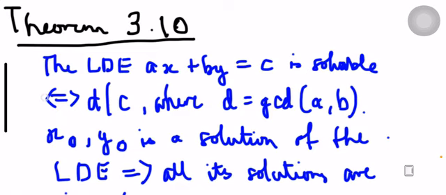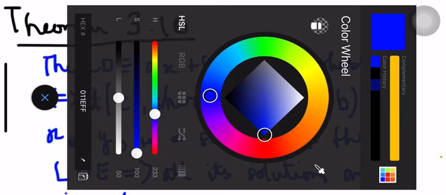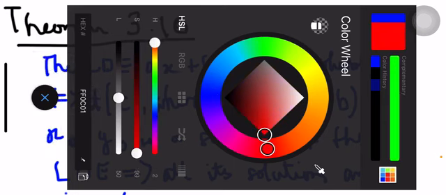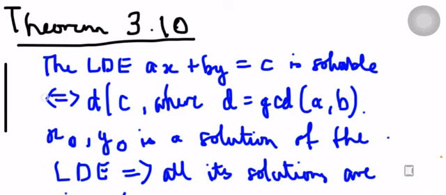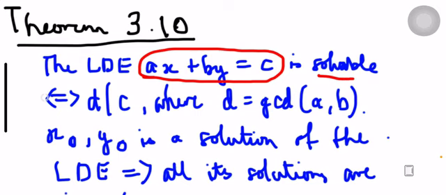The LDE ax plus by equals c is said to be solvable, let's emphasize that, if and only if you have a certain d which is a factor of c, wherein you can say that d divides c, where your d is defined as the greatest common divisor of the two coefficients of your variables x and y.